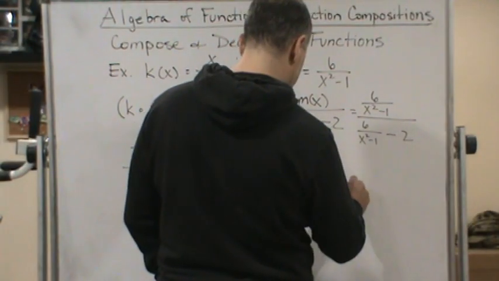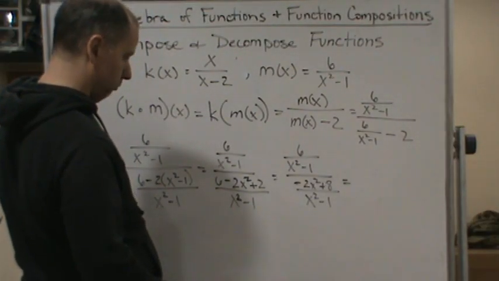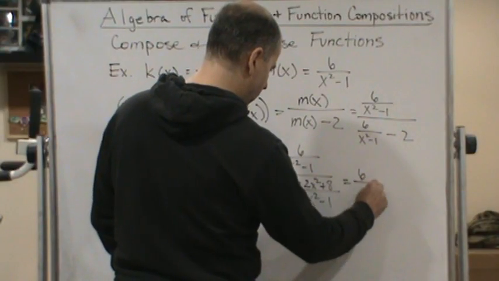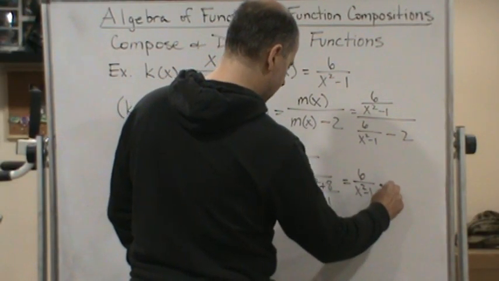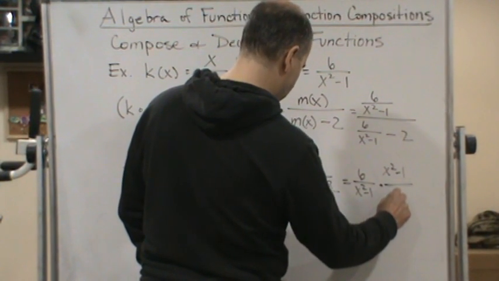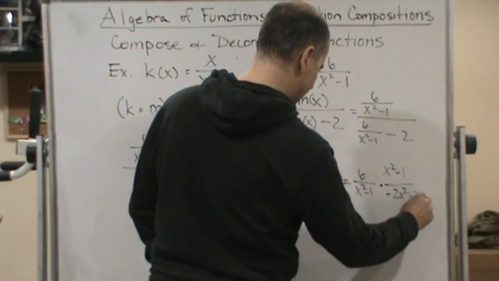Now I'm going to multiply by the reciprocal of the bottom. So this is now going to be 6 over x squared minus 1 times x squared minus 1 over negative 2x squared plus 8.